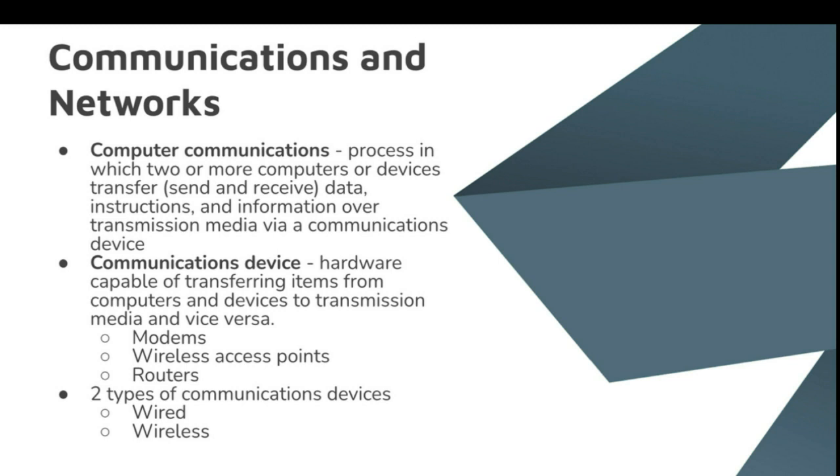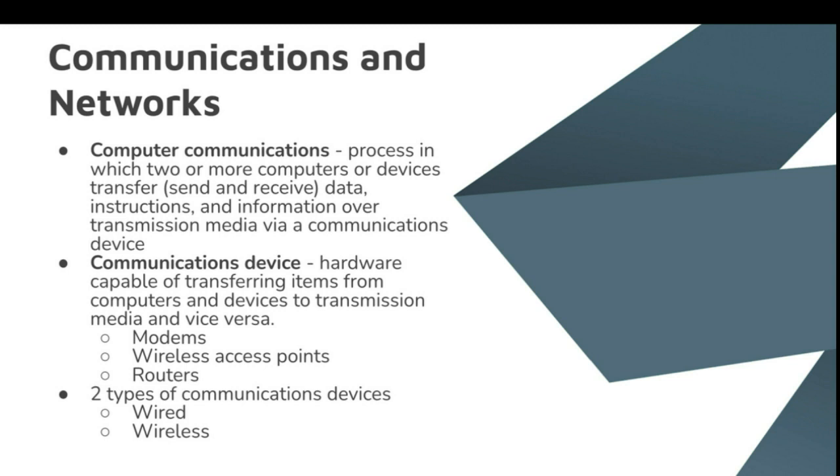Communications and networks. Computer communications is the process in which two or more computers or devices transfer, send and receive data, instructions, and information over transmission media via a communications device.